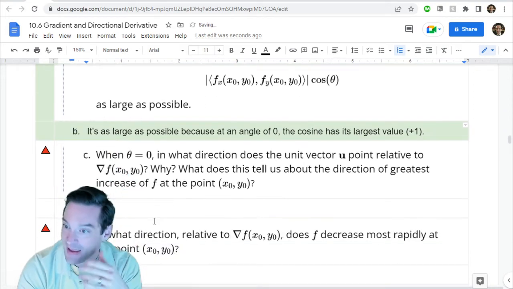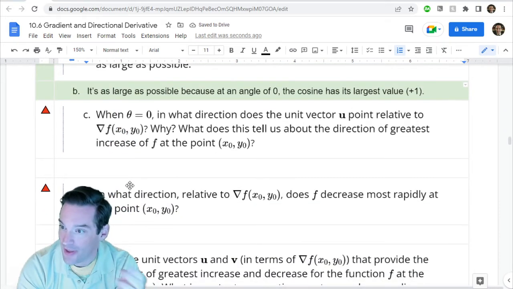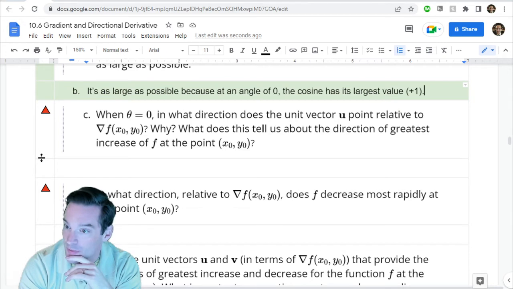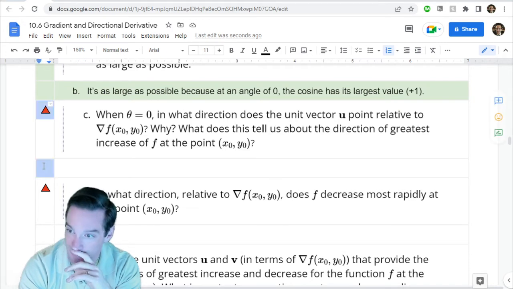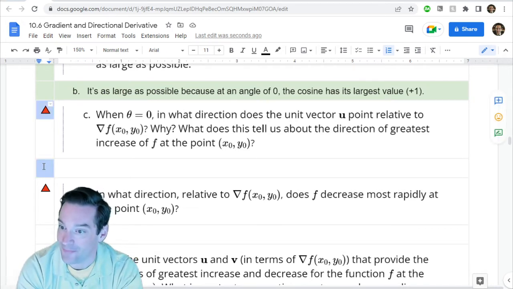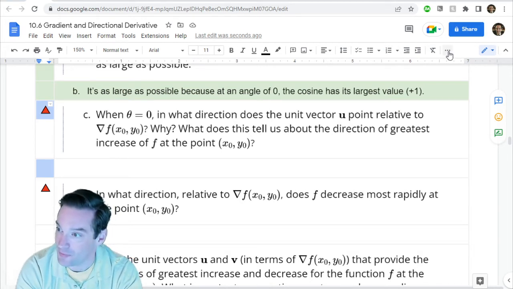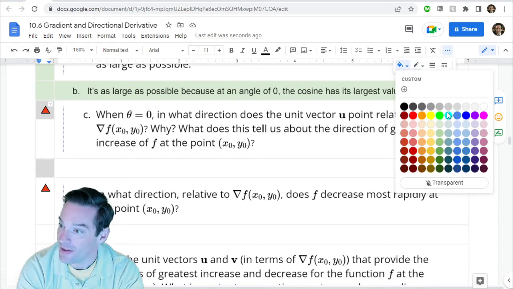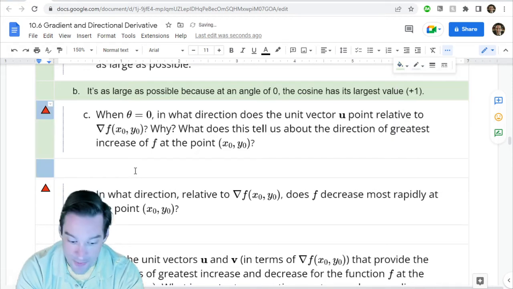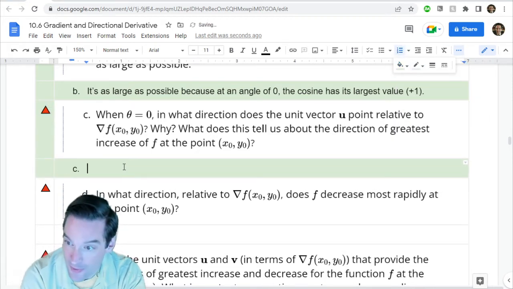And so in part C, when theta is 0, in what direction does the unit vector point relative to the gradient of f? And then what does this tell us about the direction of greatest increase? Again, you just answered that question. The gradient actually points in the direction of greatest increase.